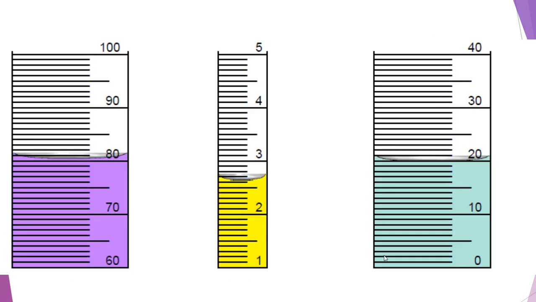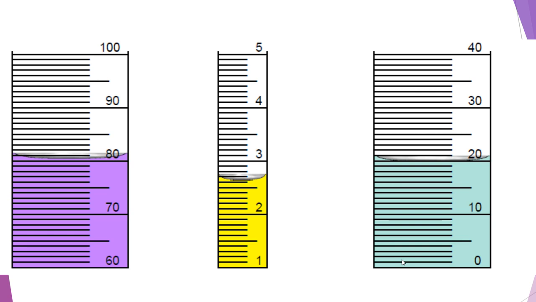So here are the next 4 graduated cylinders. Go ahead and pause the video so that you can read the volume of the liquid in each of these graduated cylinders. Record your answer on your paper or in your Google Drive file if you're using Google Drive. And then unpause the video, play the video, and check your work.